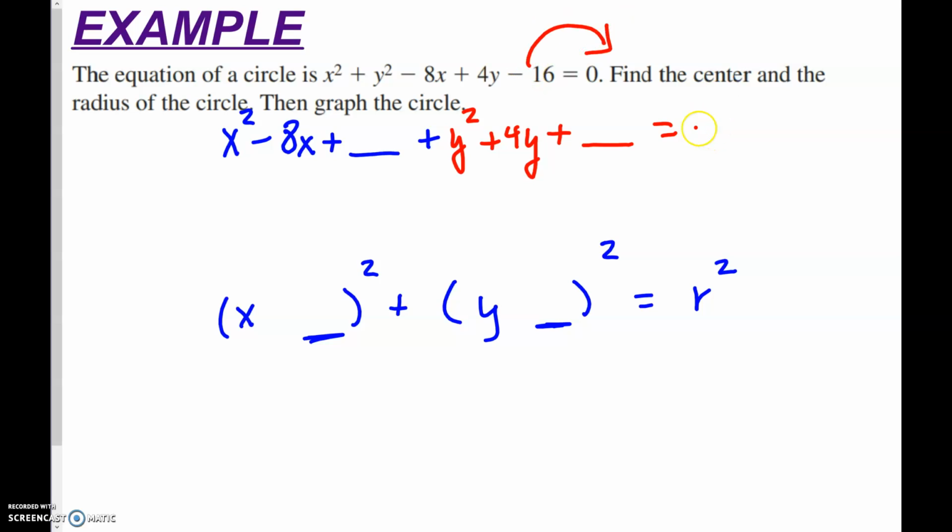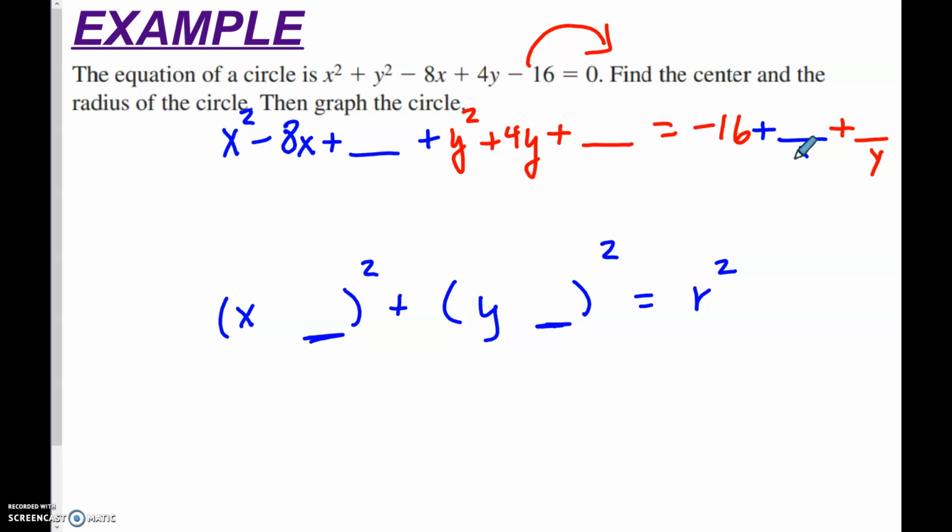So I'm just going to put negative 16 over here. And I need 2 blanks. I need 1 blank for the y portion, and I need 1 blank for the x portion, because whatever I do on one side, I need to be able to do on the other side. All right, and it's just easier to clear out that number and deal with it on the other side.